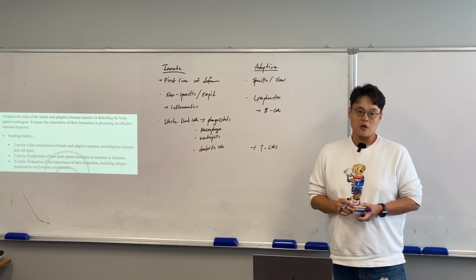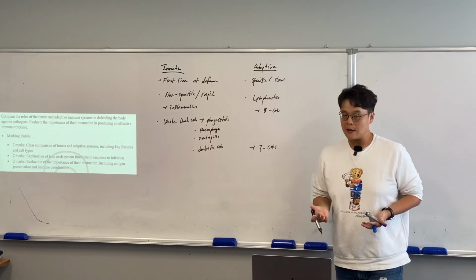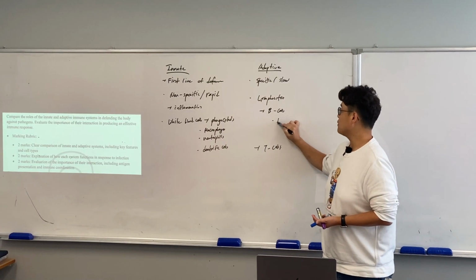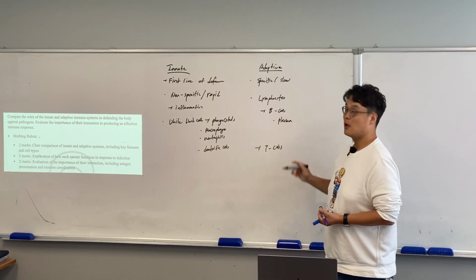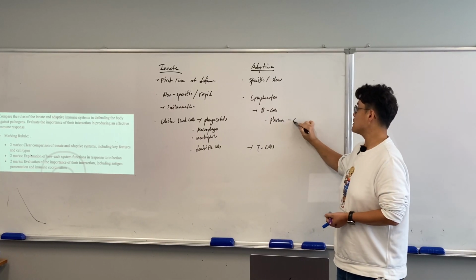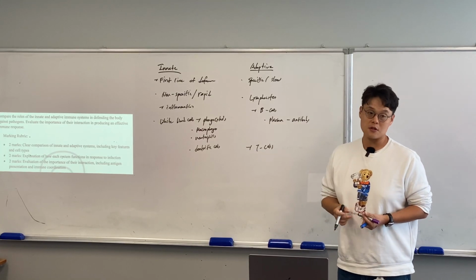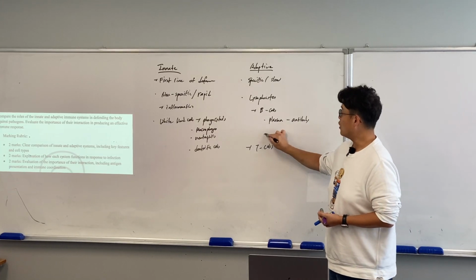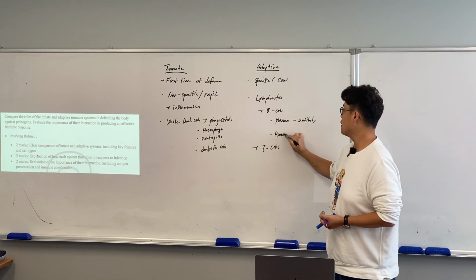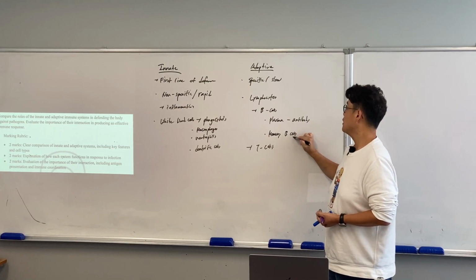Please watch the video if you did not attend last week, or revise. For B cells, we have the plasma cell, which is the one that releases the antibody, the final weapon. It kills the viruses and pathogens too. We also have the memory B cells.